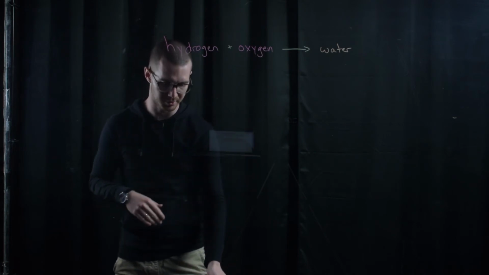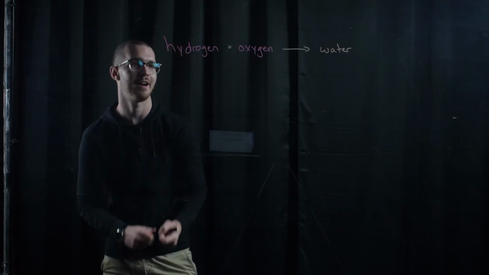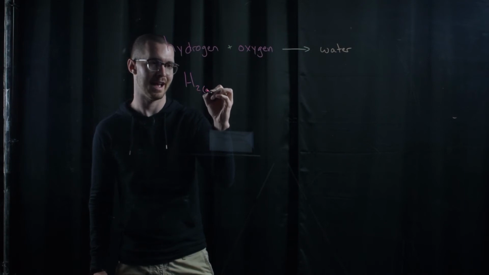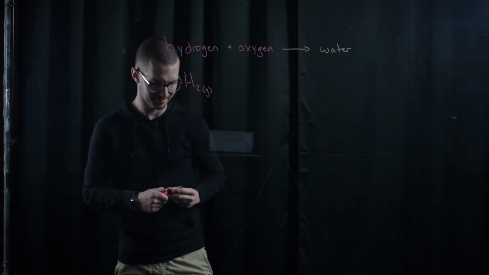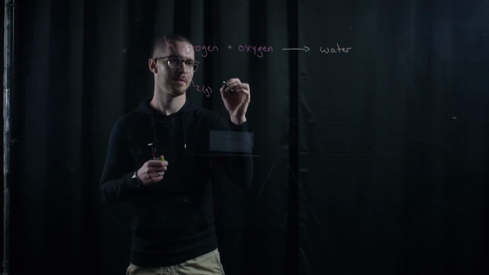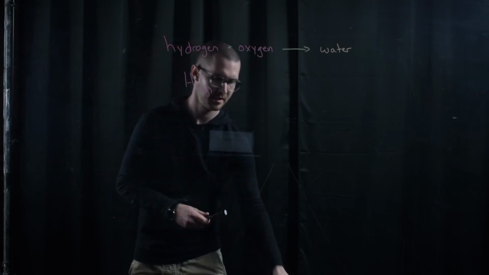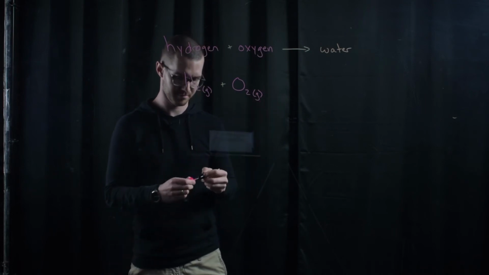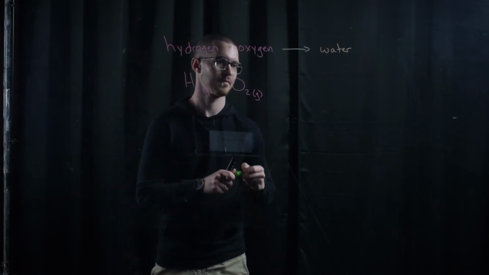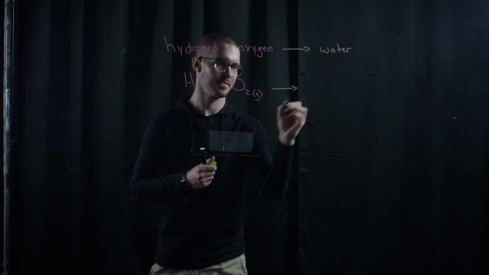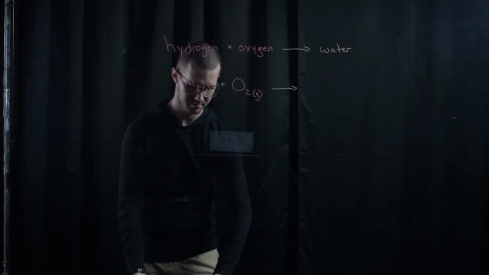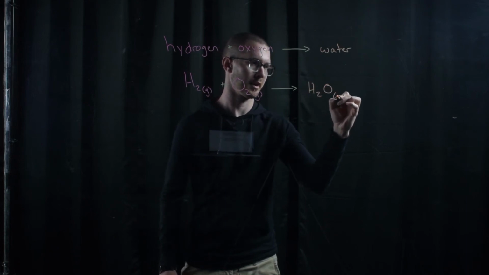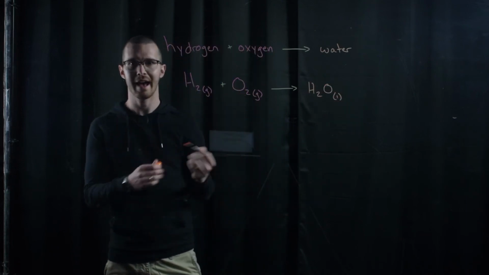So the formula equation would look something like this, where we have hydrogen gas, H2 because it's diatomic, plus oxygen gas, O2, gives us liquid water, H2O.